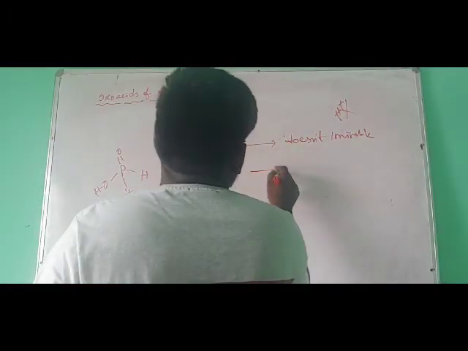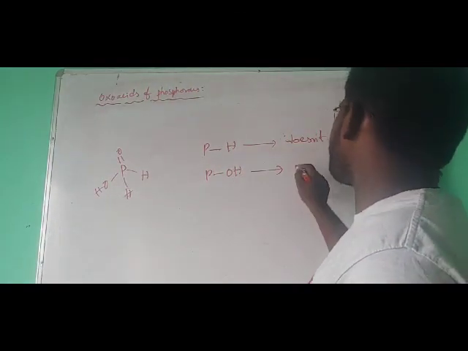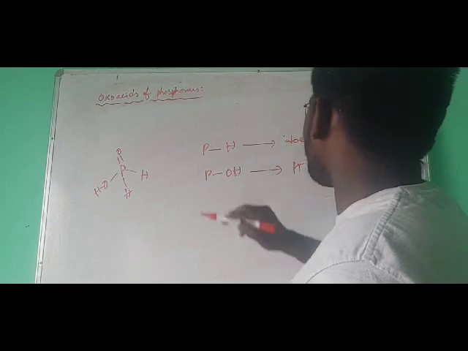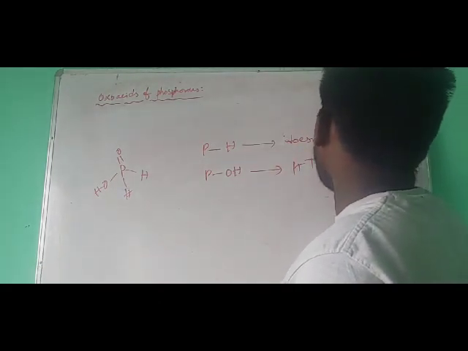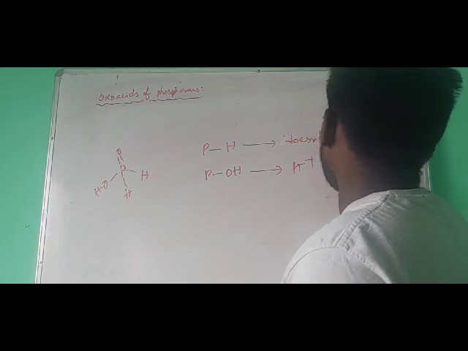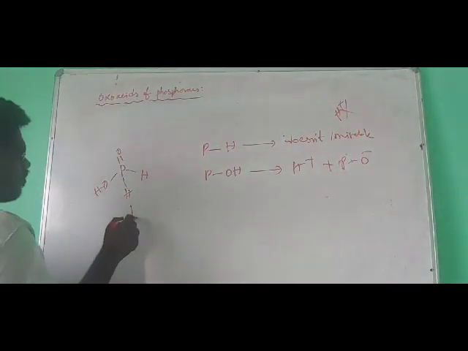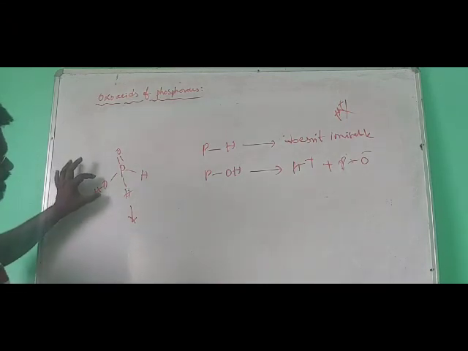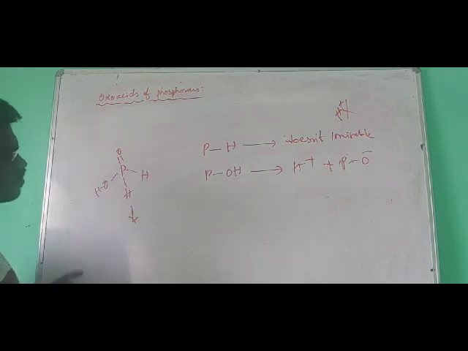Now here this part undergoes hydrolysis. This part gives H plus ions. So this one is ionizable and gives H plus ions, and the next one P O minus. So now when you dissolve this molecule in water, this part undergoes ionization and these bonds won't undergo ionization.